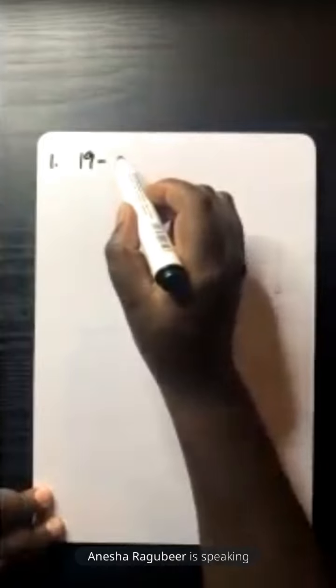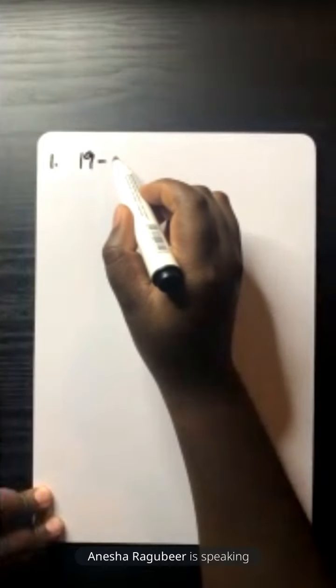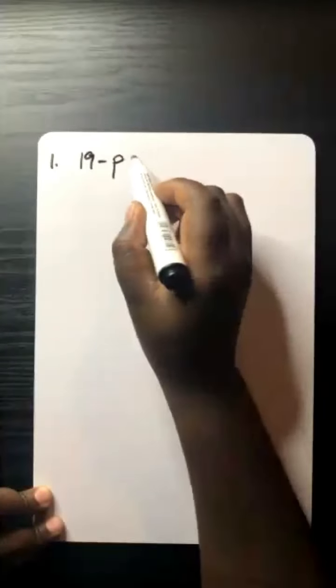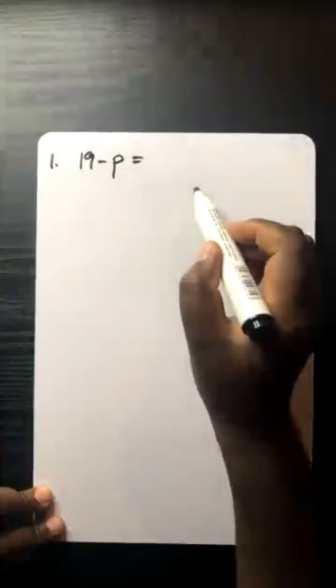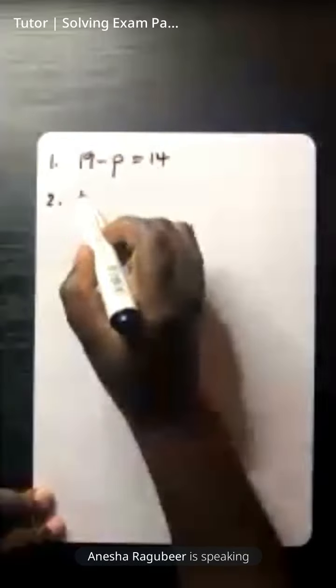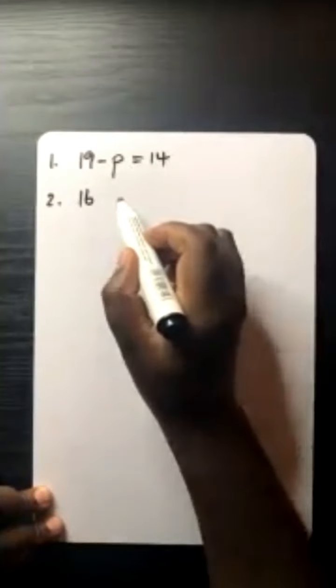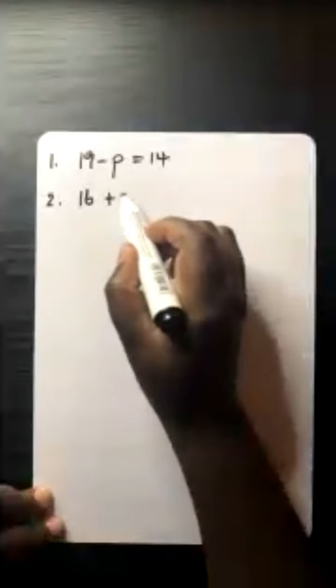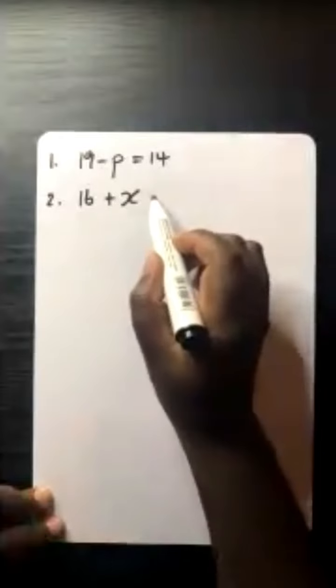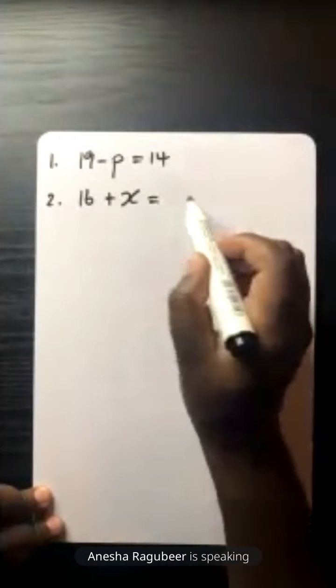The first one was 19 minus P equals 14. The other one was 16 plus x equals negative 16.